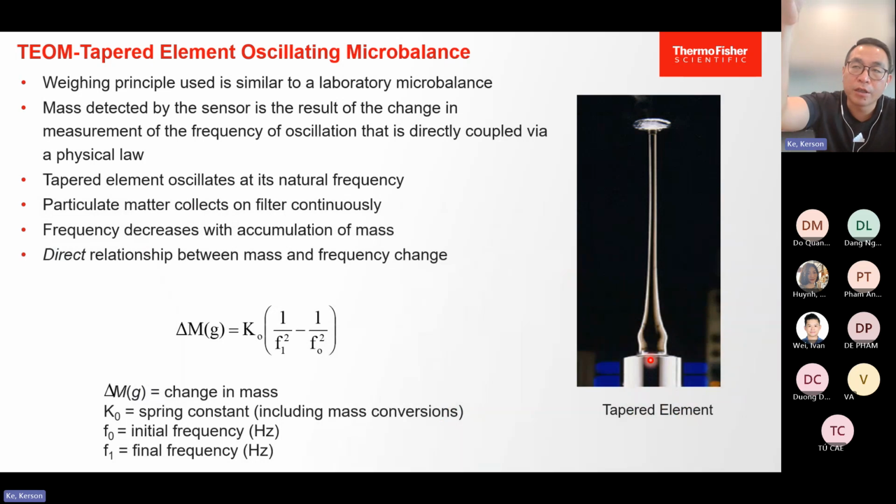After we control the moisture, then we need to measure the real particle concentration. So again, it's the tapered element oscillating microbalance. The filter is here. The way we calculate how much the mass concentration is, is by calculating the change of the frequency.